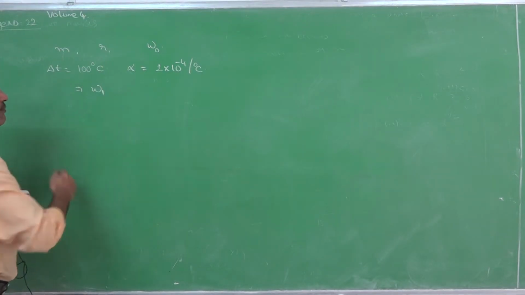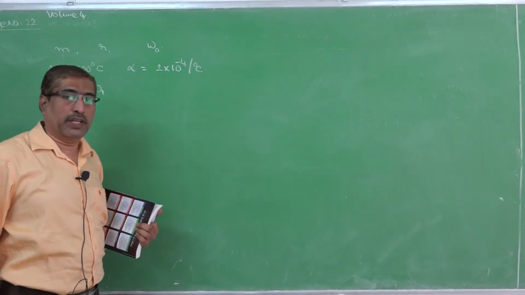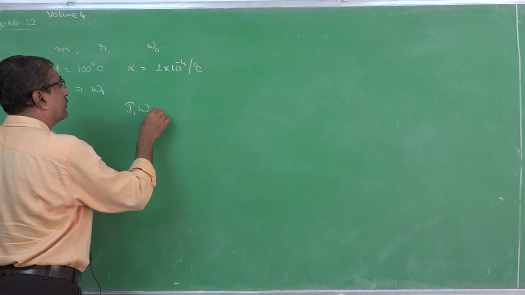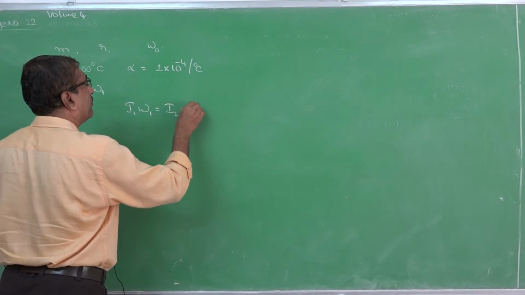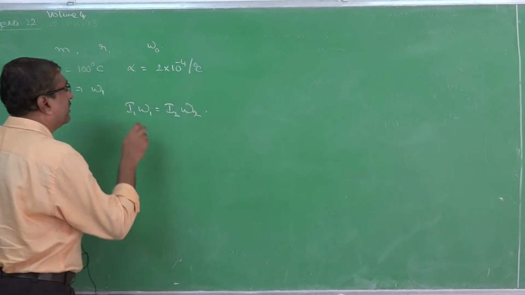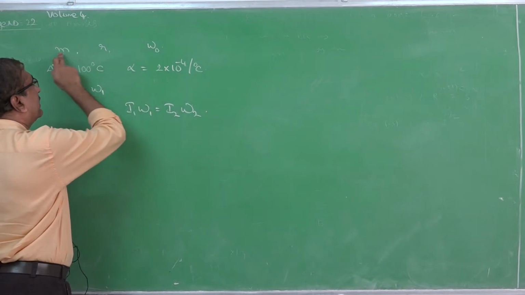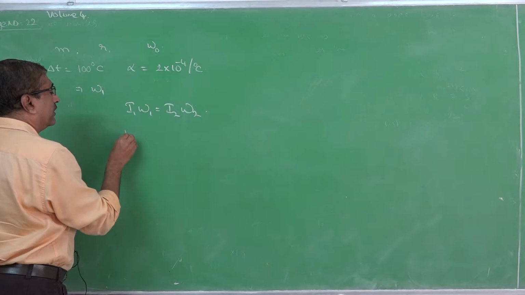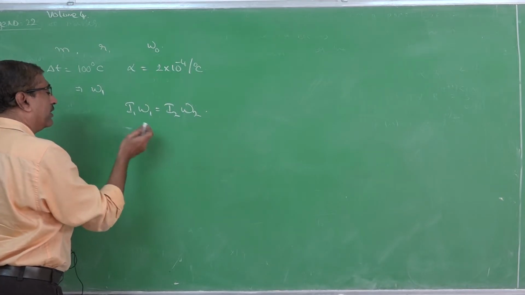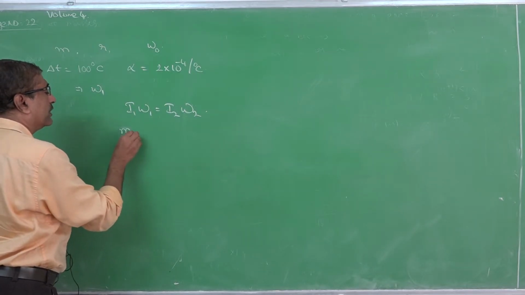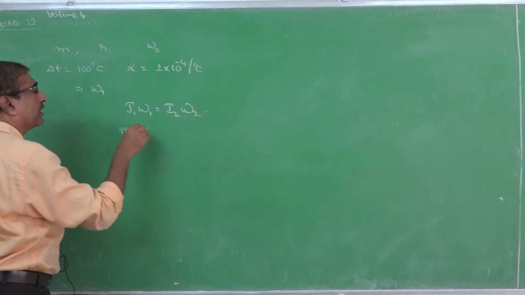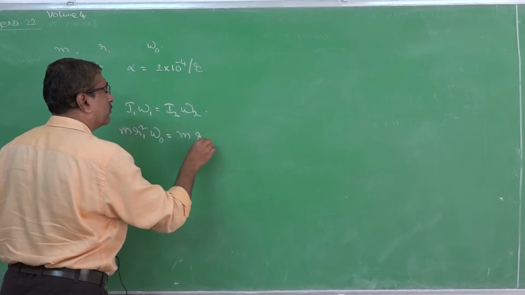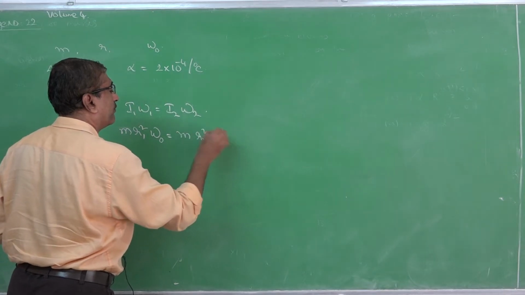Now, as we know, by the law of conservation of angular momentum, we have I1 omega 1 is equal to I2 omega 2. Take these quantities as 1, these quantities as 2. So I, for any body, is proportional to m r square: m r1 square omega 0 is equal to m r2 square omega 2.